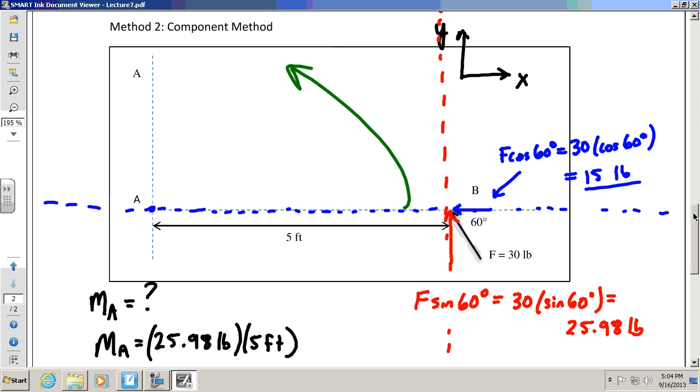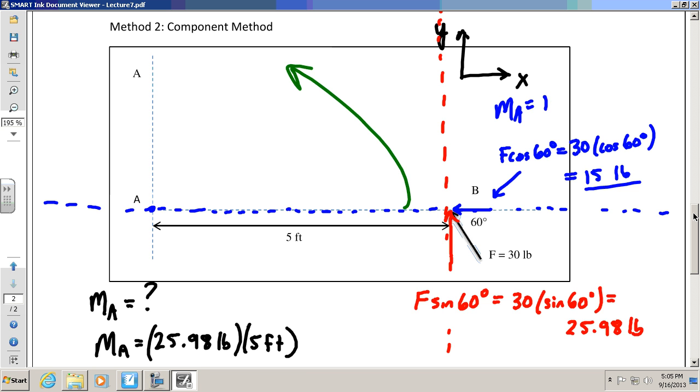Another way of asking this, in case you get confused, instead of saying what's the perpendicular distance, ask yourself what's the minimum distance between the blue line and A. That will get you the same answer. Well, the blue line goes through A, so the minimum distance is 0. So if you're going to calculate the moment about A from the blue line, it's going to be easy.